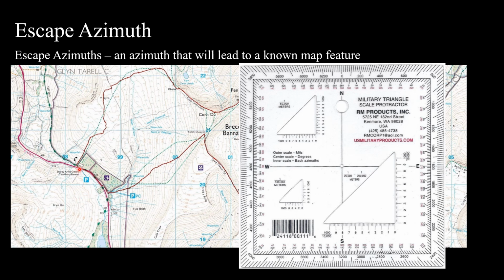So if I'm coming from this parking lot and I'm working around here, I'd probably have a north direction escape azimuth. Going south, I'm not going to go, I'm just going to keep walking. So again, it's something on the map that will be easily identifiable when you get there. Roads are really great.